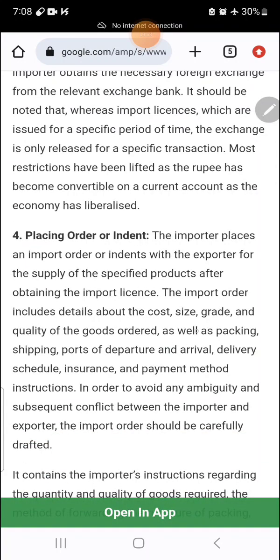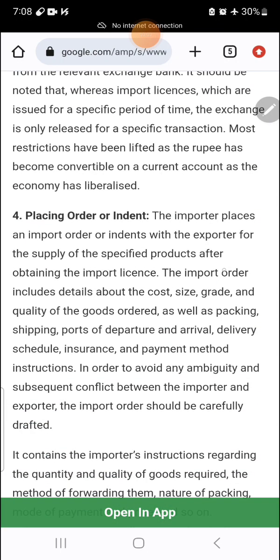4. Place an order or indent. The importer places an import order or indent with the exporter for the supply of the specified products after obtaining the import license.